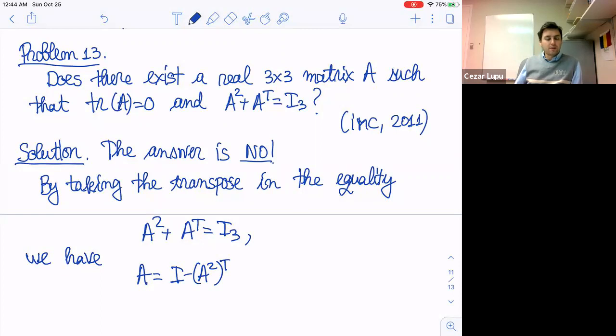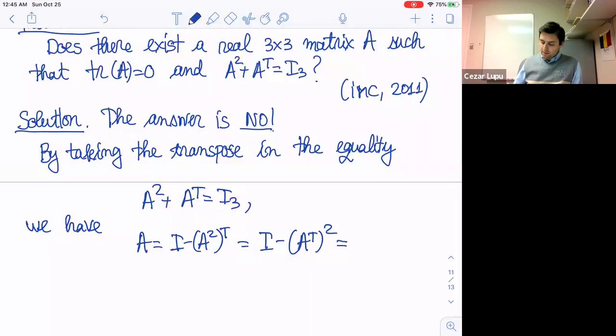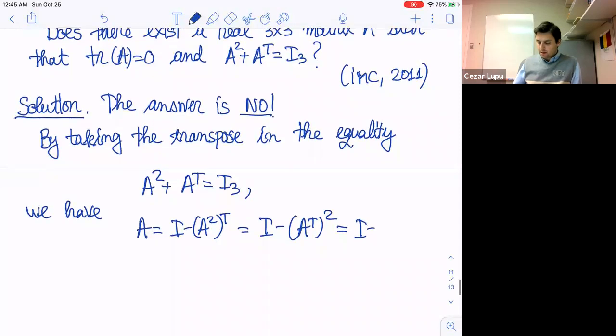Anyway, by just applying the usual operations with the transpose, this is the identity minus A transpose squared, right? But we know that A transpose here is the identity minus A squared, squared.